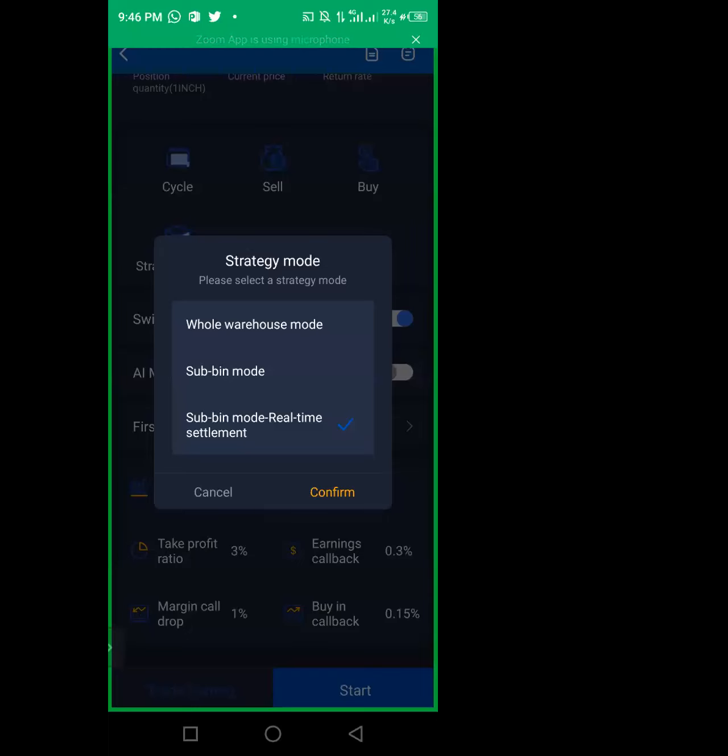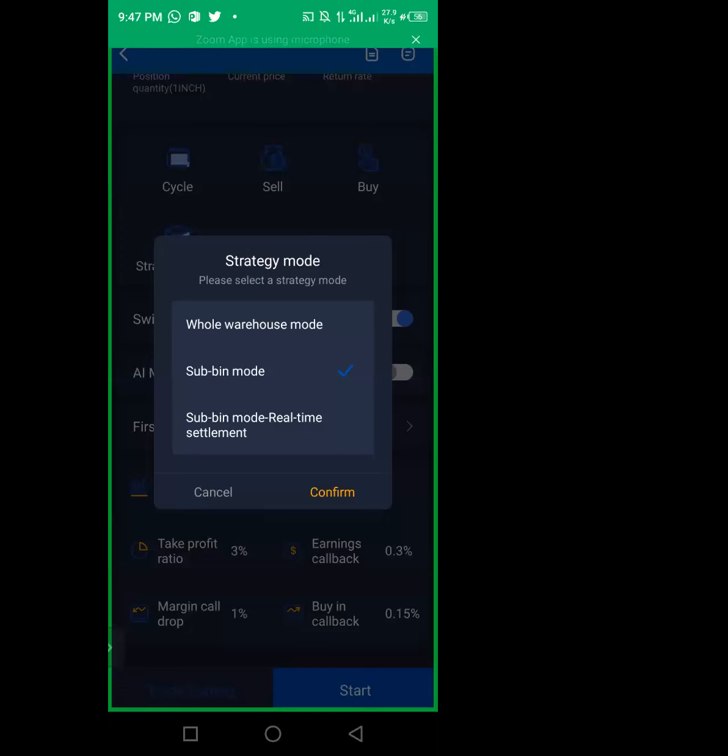You can see we have another sub-bin mode. The difference between sub-bin mode and sub-bin mode real-time settlement is this: sub-bin mode, if it sells the fifth call, will not give you your profit. You will not see your profit in the revenue. It will not record the profits. It will keep it until the coin pumps and reaches your whole position take profit, and it sells the coin and closes the trade.